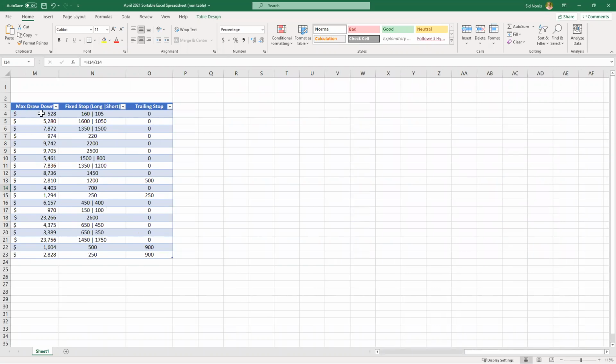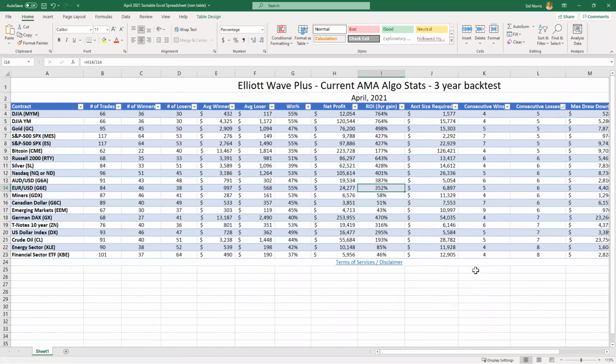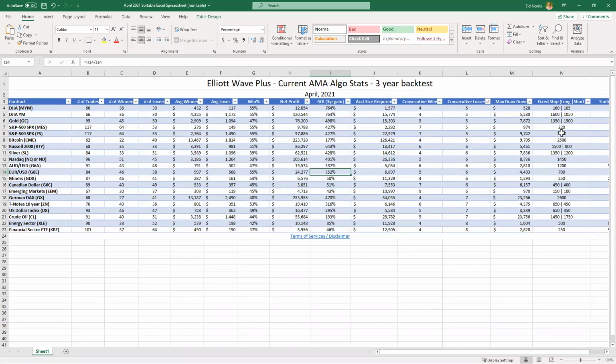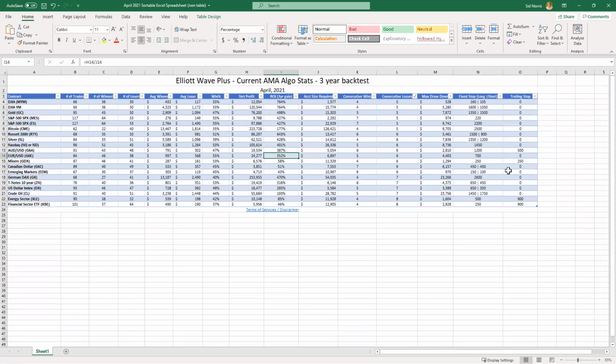Maximum dollar drawdown. Let me get this back here. If you really don't like the idea of using large stops, you could sort by the stop size and trade something where you could use a smaller stop. If you prefer to use a trailing stop, only 4 of these approximately 20 items actually trade better when you use a trailing stop.